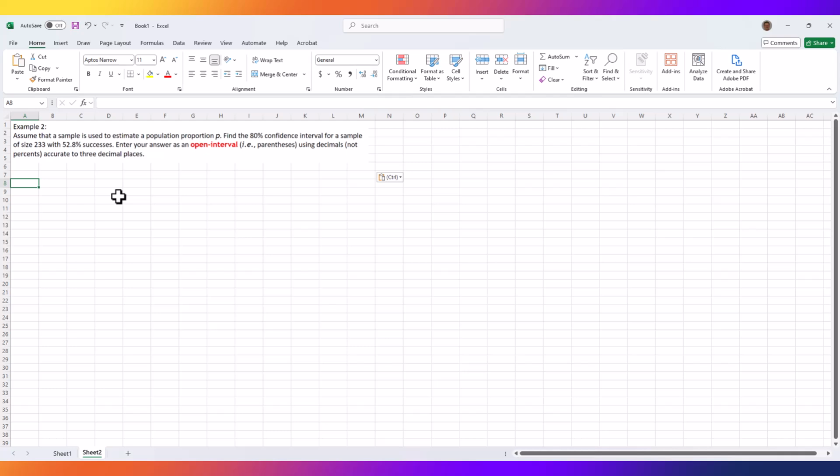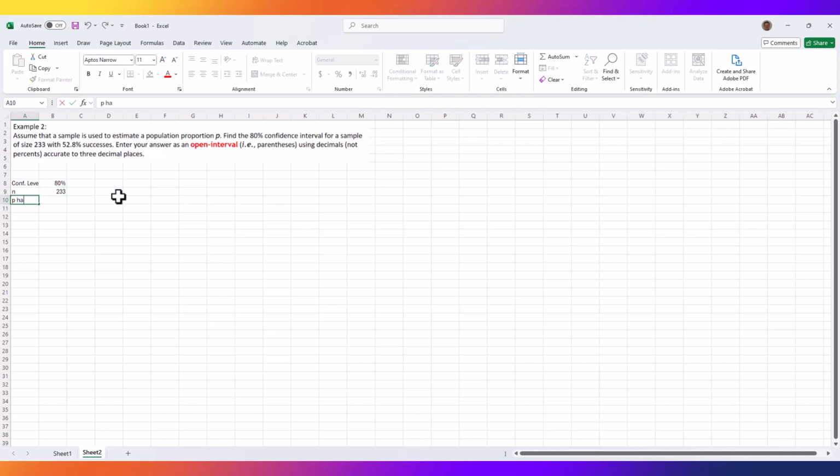So we're going to find, assume that a sample is used to estimate a population proportion P. Find the 80% confidence interval. So our confidence level, 80%. For a sample of size 233, and I really just like to figure out what we have here.